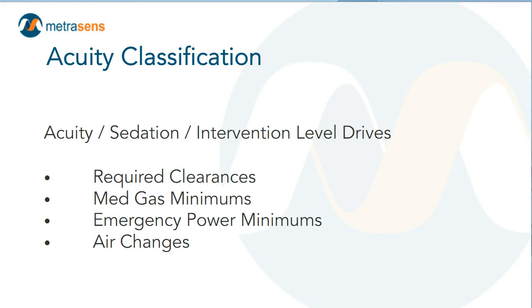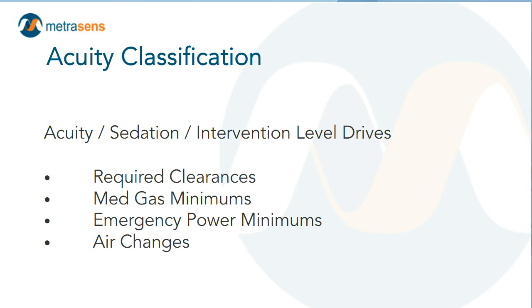So when we look at acuity classification and we shift from class 1, diagnostic only, to class 2, minimally invasive interventional, to class 3, where we're talking intraoperative imaging, we change some of the demands for that space, just like we would if it's not imaging space.